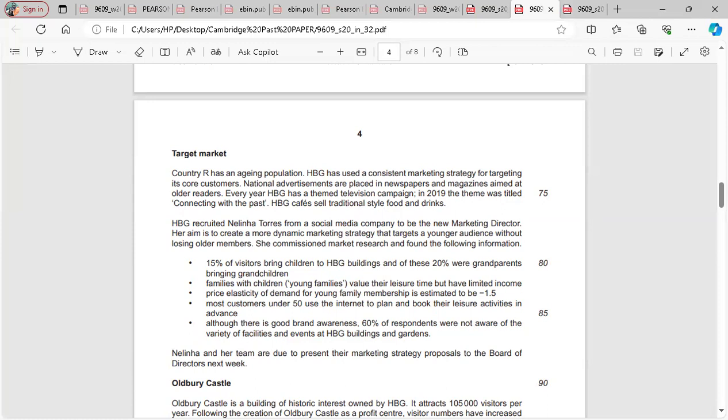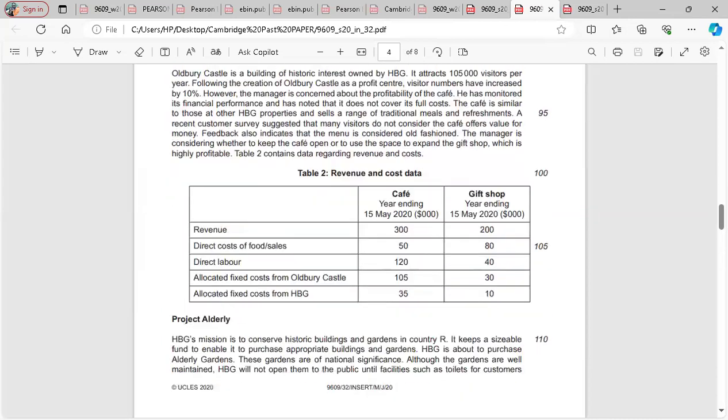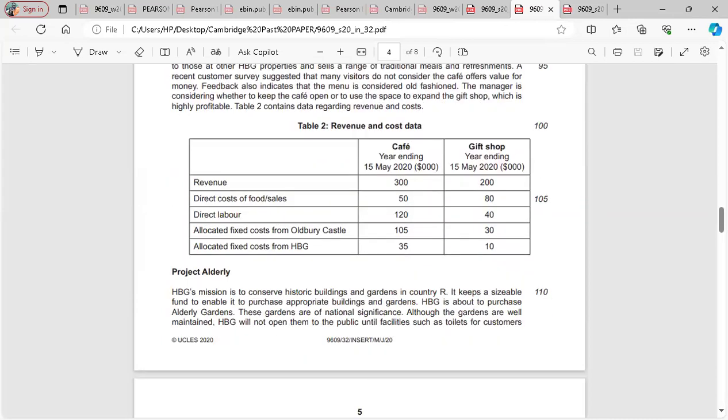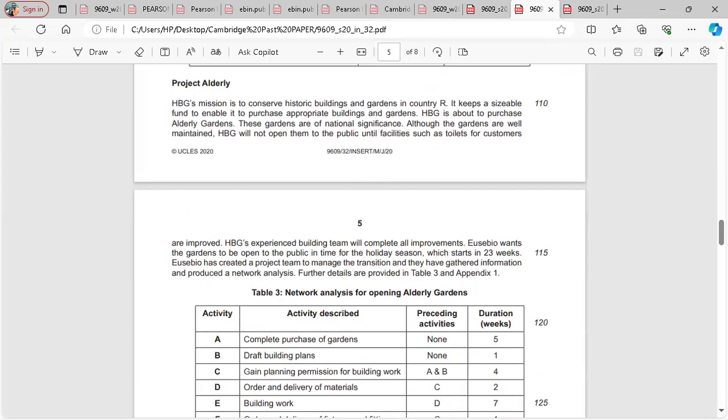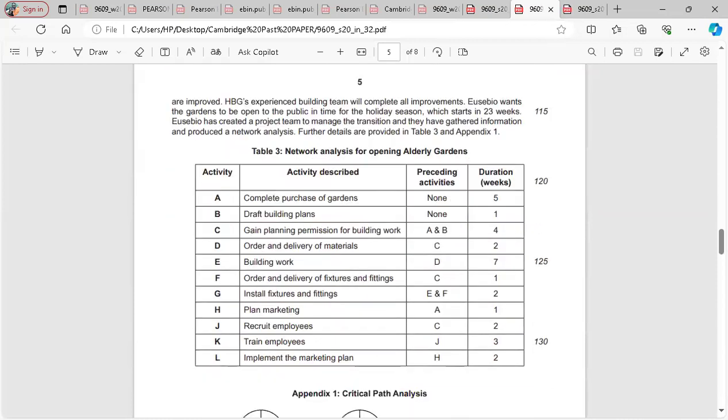Although there is good brand awareness, 60% of respondents were not aware.